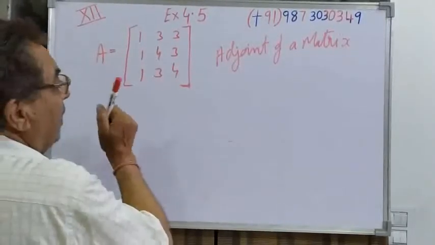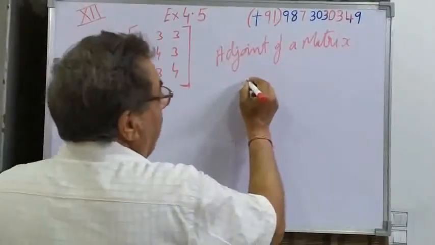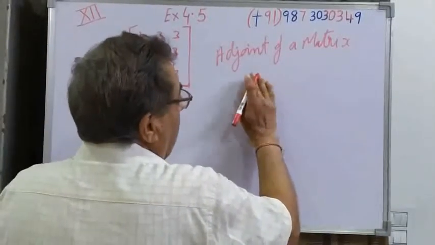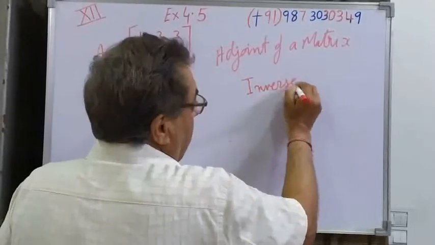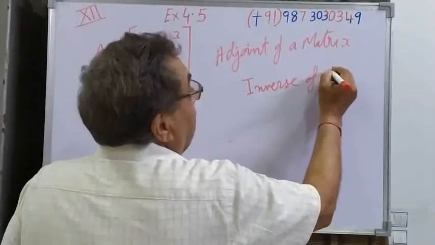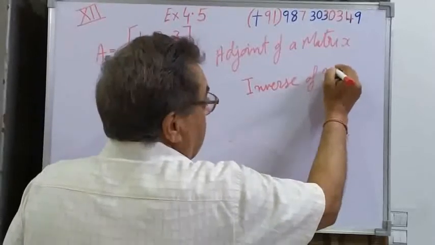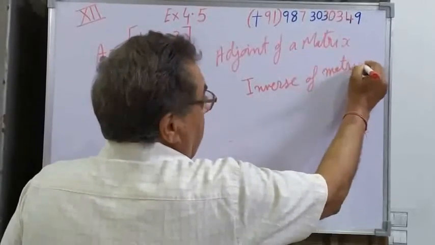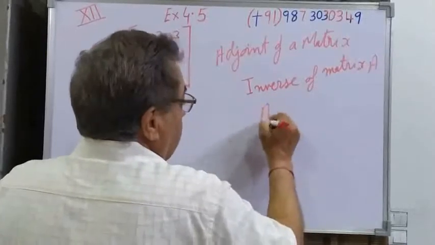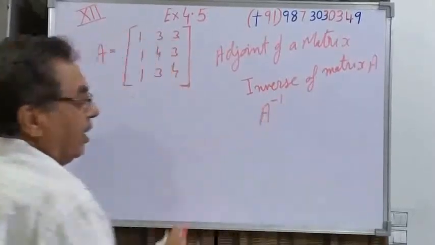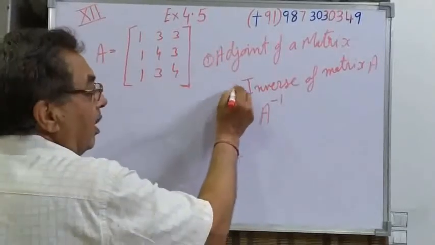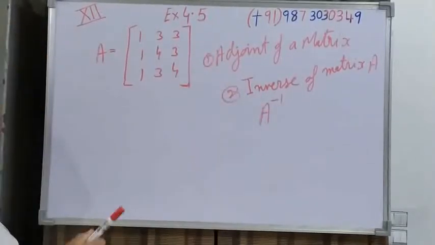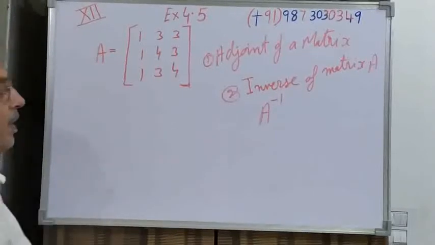We want to find its adjoint, and after finding the adjoint, we will find the inverse of this matrix, written as A inverse. So these two topics we will be studying right now: the adjoint of a matrix and the inverse of a matrix A. How to find it.